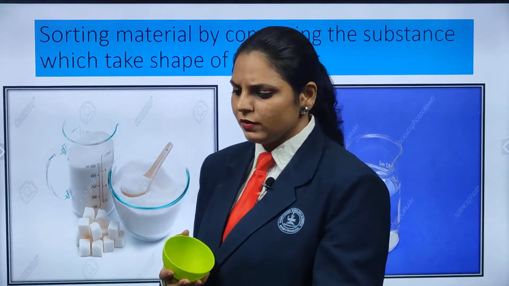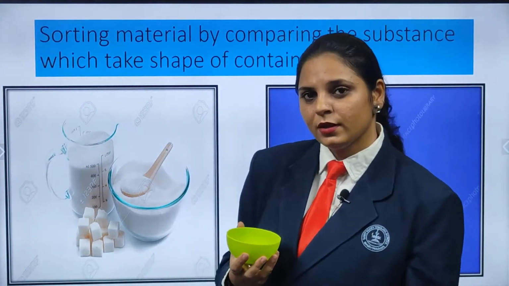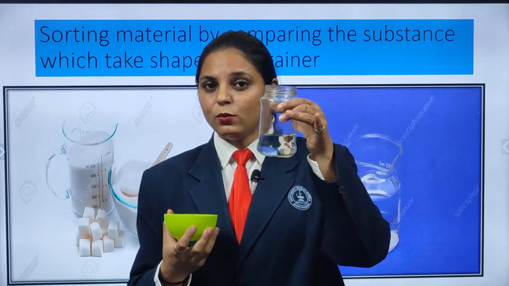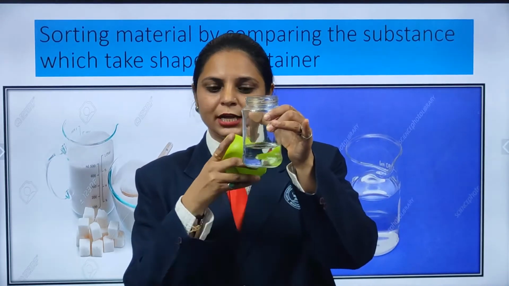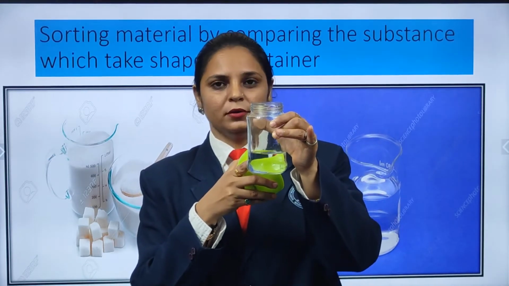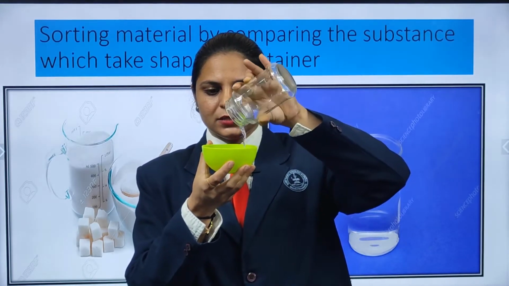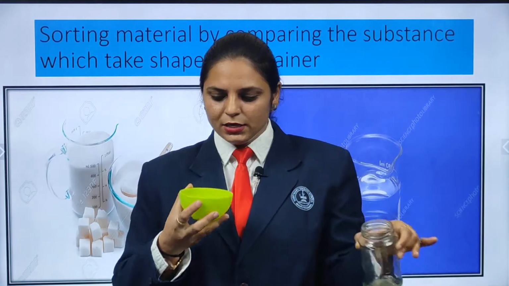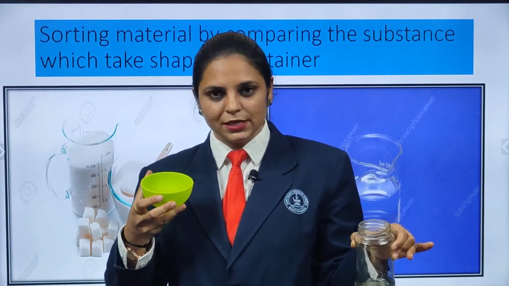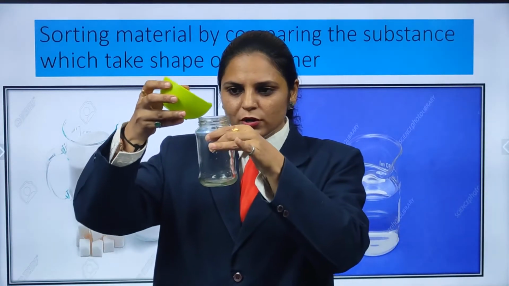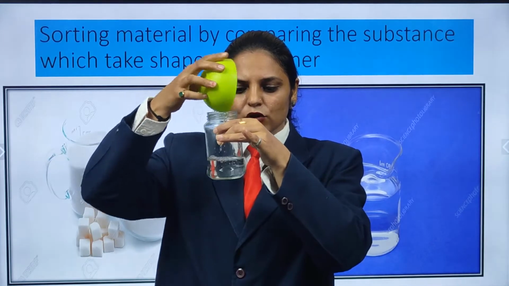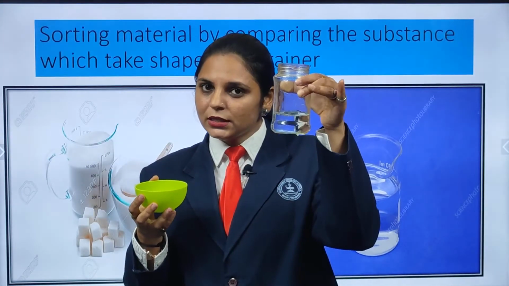Let me show you another one. See. What is it? A transparent object. Inside it, I poured water. When I pour this liquid in this, what is going to happen? It is going to take the shape of this bowl. And when I pour this in this tumbler, it will automatically take the shape of the tumbler.